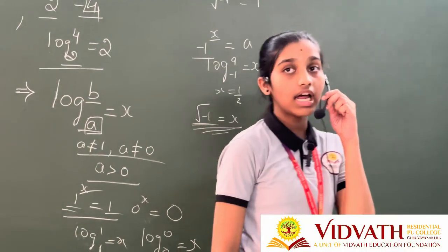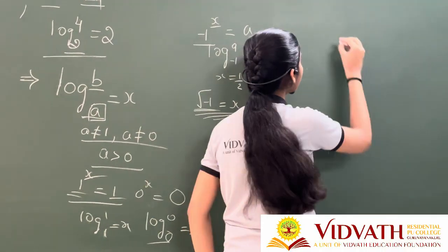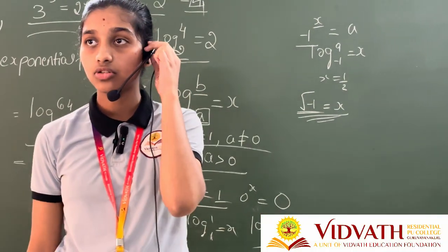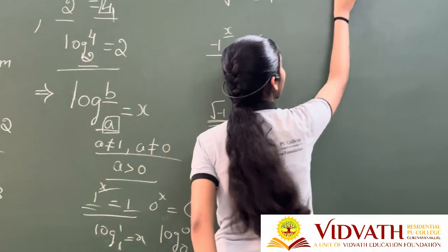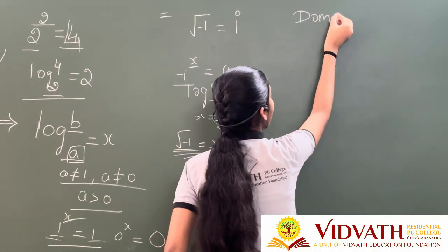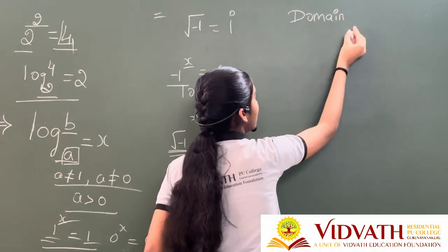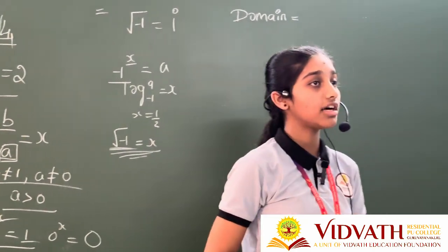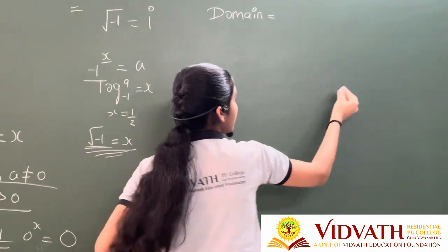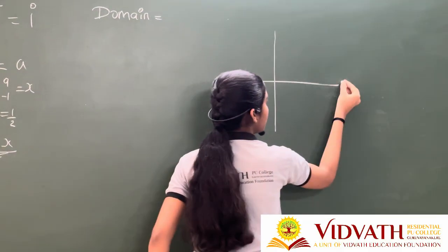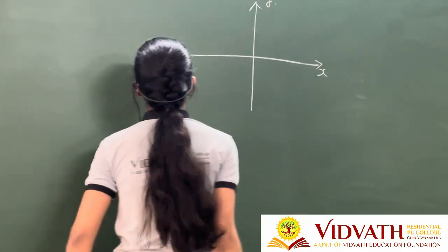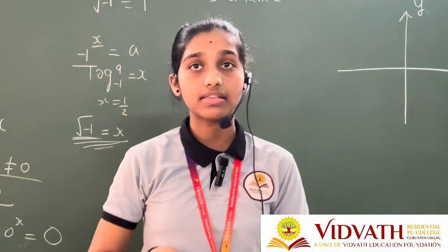Next, graph of logarithm. Anyone has an idea about domain and range? Domain is the set of values of x in a graph. This is the x axis and this is the y axis.